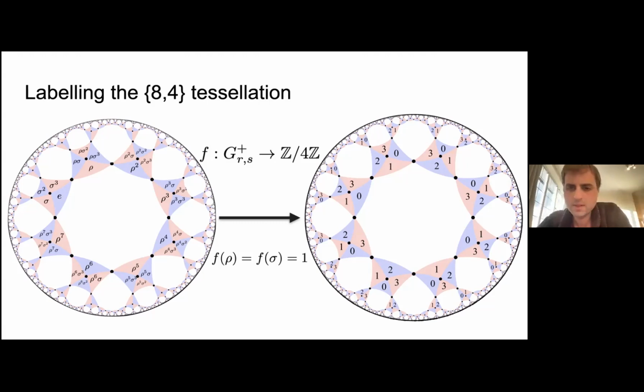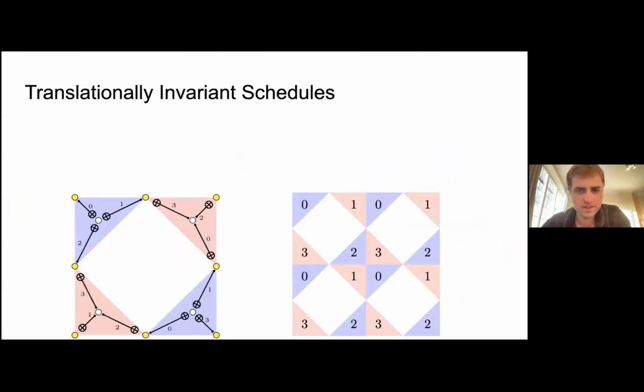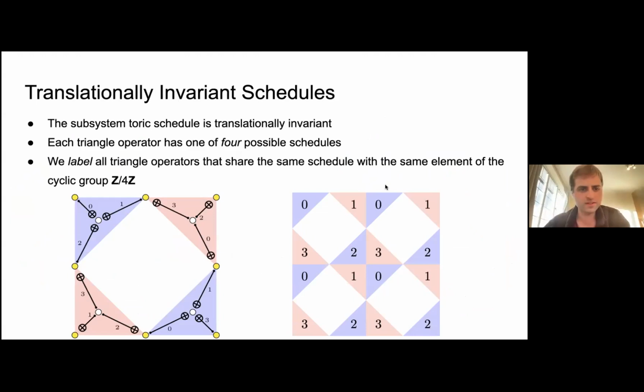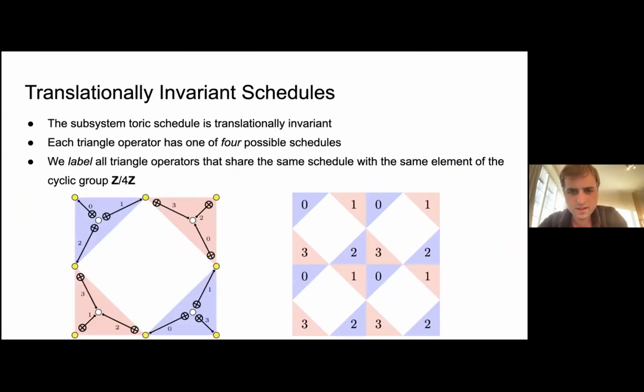Sure. So the way to see this is, when we look at this translation invariant schedule, let's suppose you have a schedule that is valid for this subsystem toric code. That means that if you have a gauge operator of type 2, every gauge operator labeled 2 has exactly the same schedule.